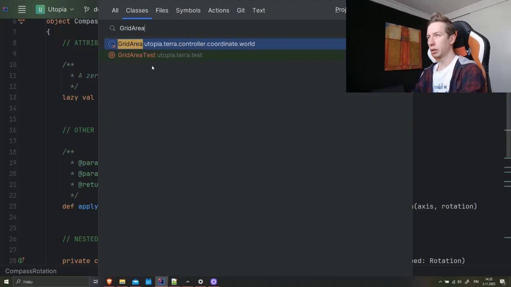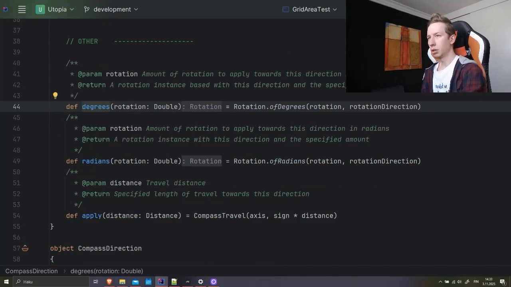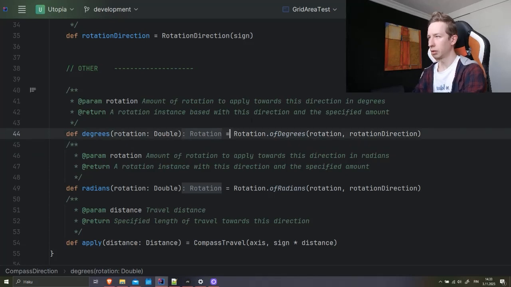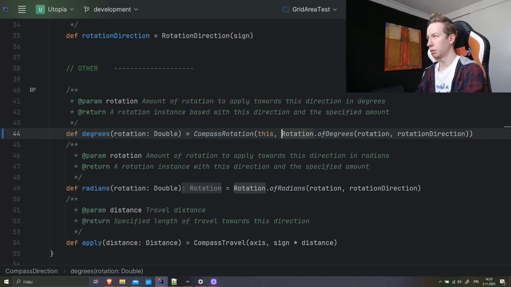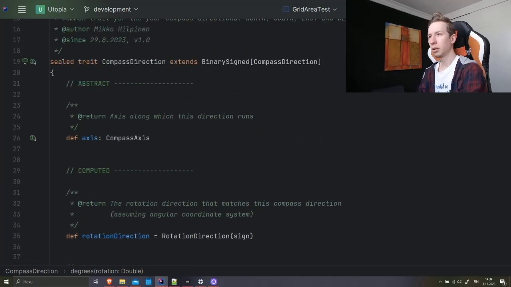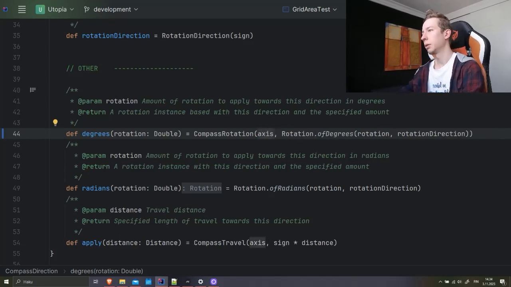So where were we? Grid area test. Here. So instead of rotation, we return compass rotation, and we add the axis, which should be this. Yeah, no direction. Compass axis. Oh, axis. Okay. Sorry for being unclear. This is pretty basic stuff.